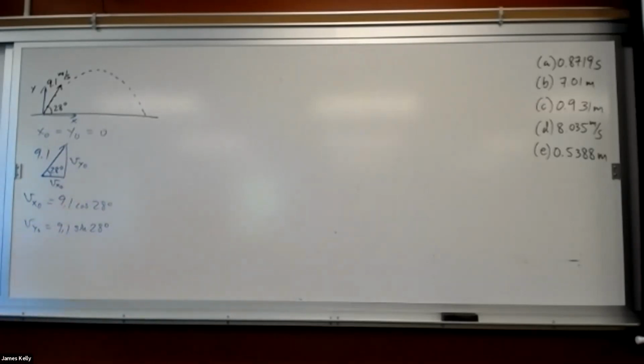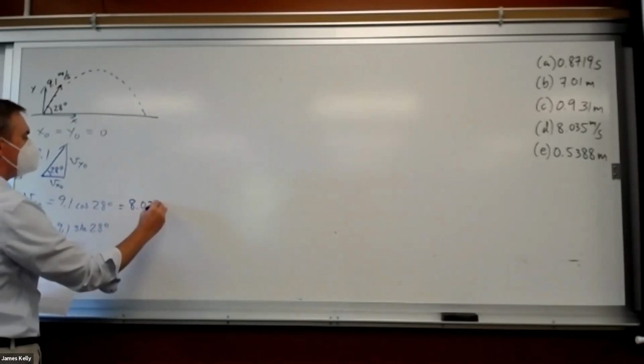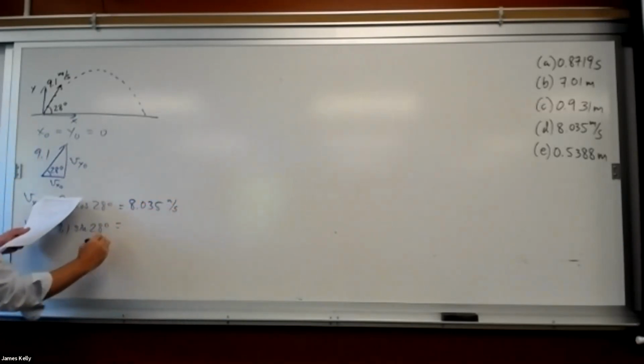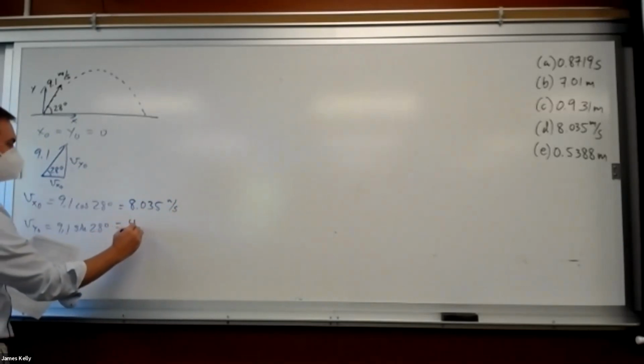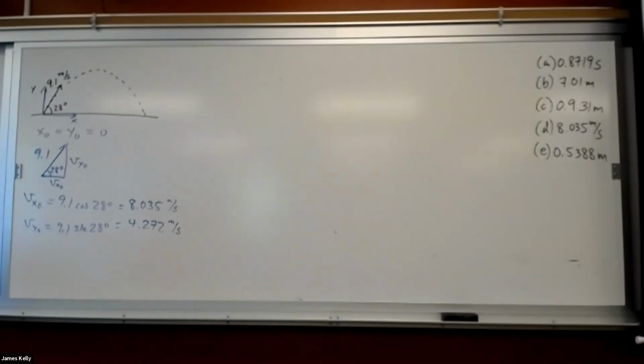So they're 8.035 meters per second and 4.272. That's one reason this problem is a little bit more complicated than the other one. It started off going horizontally, so we didn't have to resolve a vector into components, but here we do.